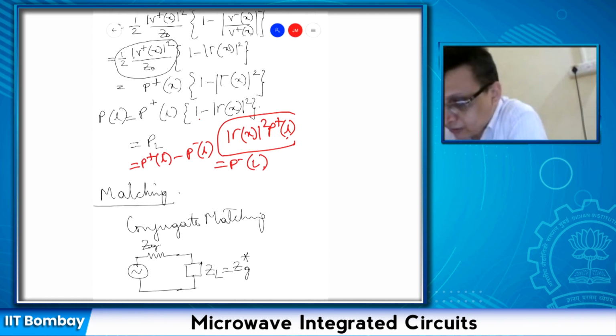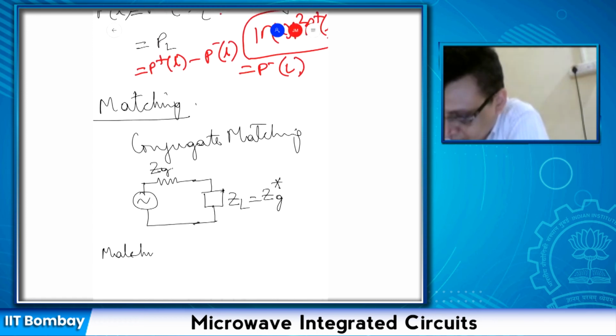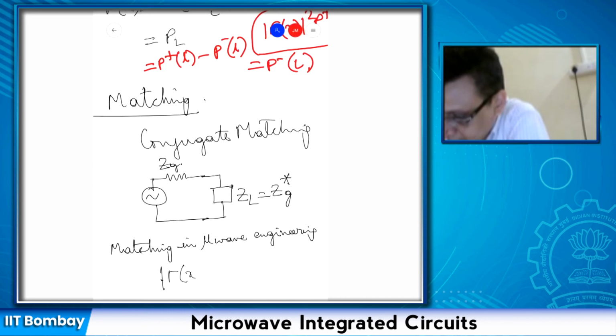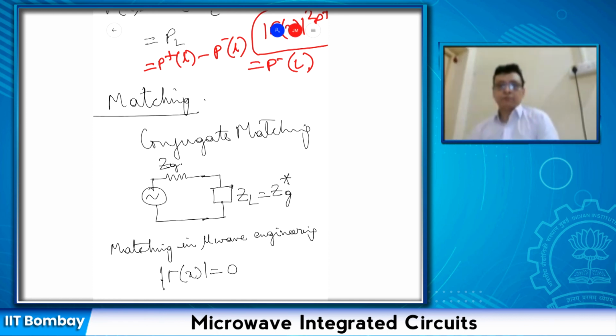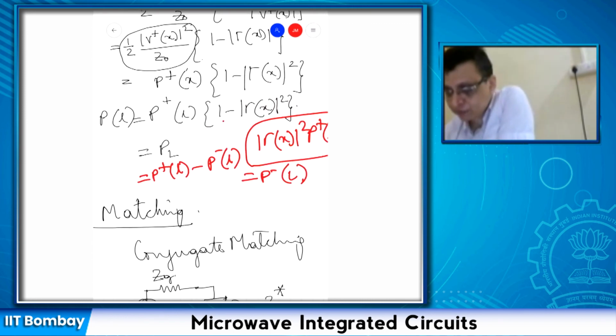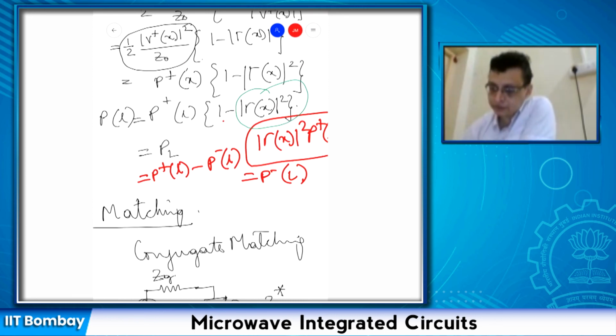But when we talk about matching as far as microwave engineering is concerned, it means a configuration where, in other words, if there is no reflection, if mod gamma x is equal to 0, then such a circuit is said to be matched.